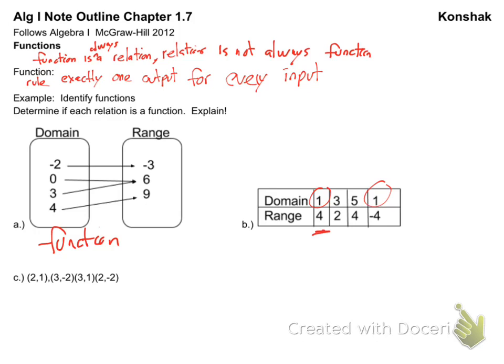Notice the first one wants to go to a 4, but when I put it in again, it went to negative 4. Something's not functioning correctly. Something got out of whack. That is not a function. Reason?